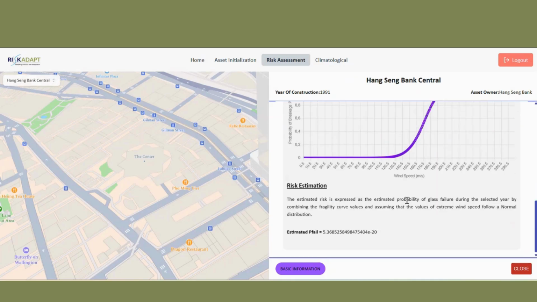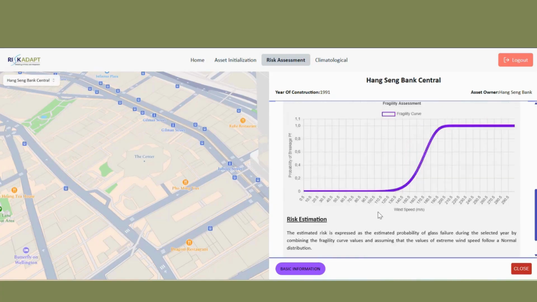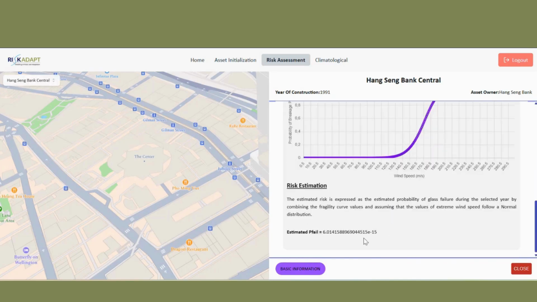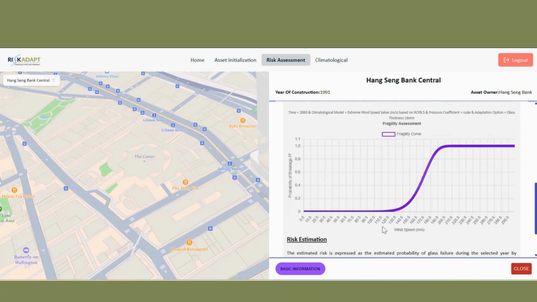And the platform estimates the corresponding risk, which is really lower. It's 10 to the minus 20. And if I want to see in year 2080, the same fragility curve, but I have a larger probability of failure.